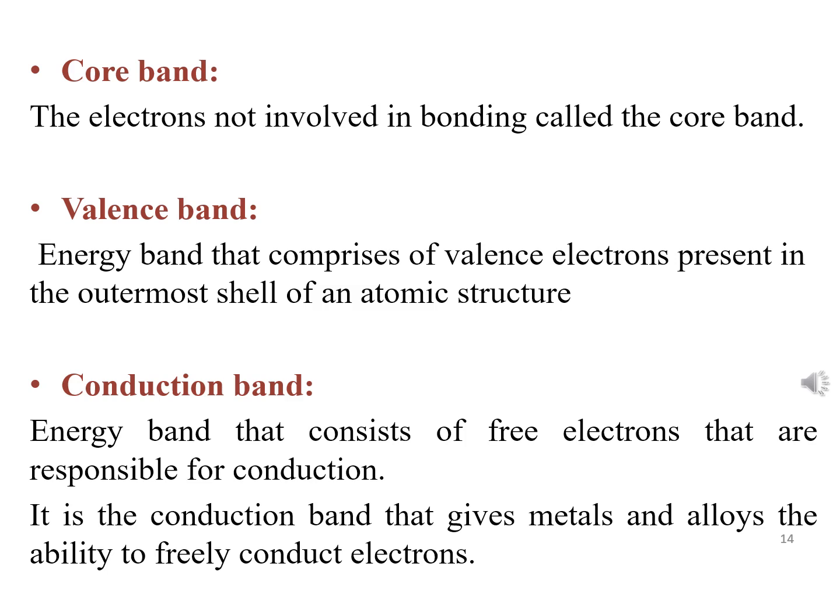The valence and conduction bands are two different energy levels that are separated by a certain amount of energy. There is an energy gap between the valence band and conduction band, and that is known as the energy band gap.